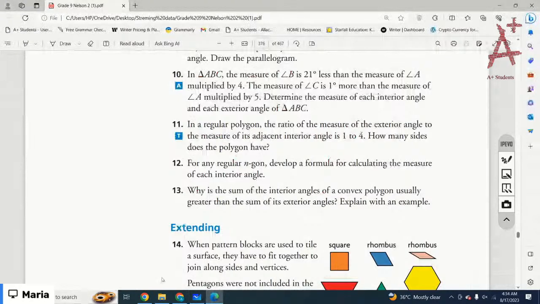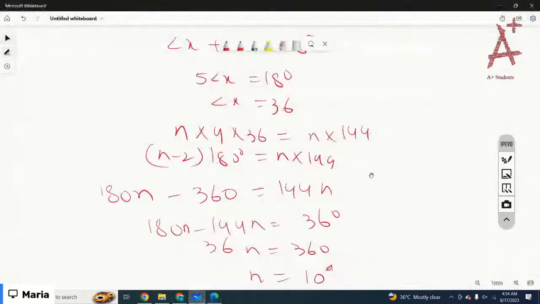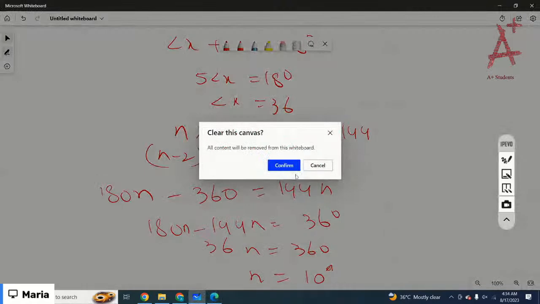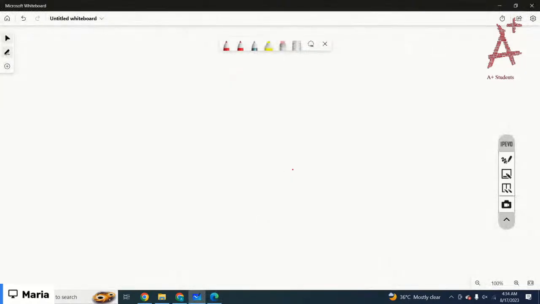So the formula for the sum of the angles of a regular n-sided polygon is n minus 2 times 180, right? We know that the regular polygon has all of its interior angles equal, so we just have to divide the sum by n.